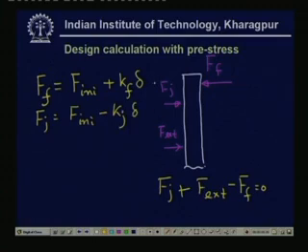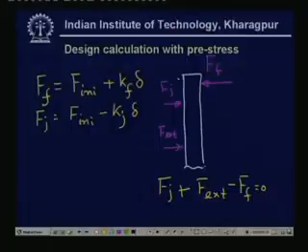So here the kinematic relationship is that delta is the same in both cases. The amount by which the gasket is relaxed is the amount by which the bolt is stressed, the bolt is elongated. Now if you consider this, then these three relations will give you the value of Fj.